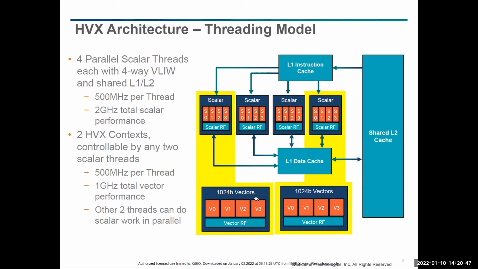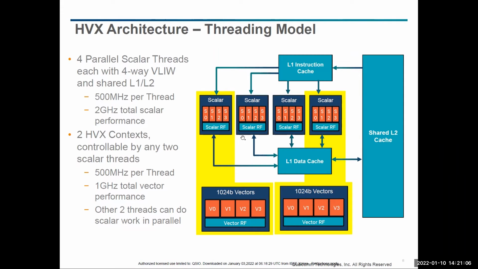So for 2 HVX contexts, in one cycle we can process 8192 bytes of memory. Now, if you scale it to 1 gigahertz of clock cycles, you can imagine how much of a performance advantage we have with the HVX architecture.